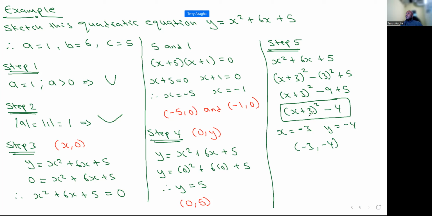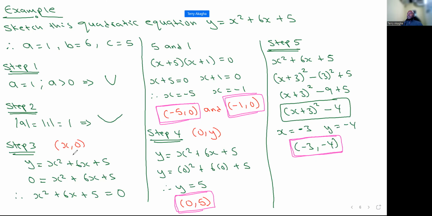We have a vertex, which is minus 3, minus 4. Then we have the x-intercepts, which are minus 5 and 0, and minus 1 and 0. And also we have the y-intercept, which is 0 and 5.